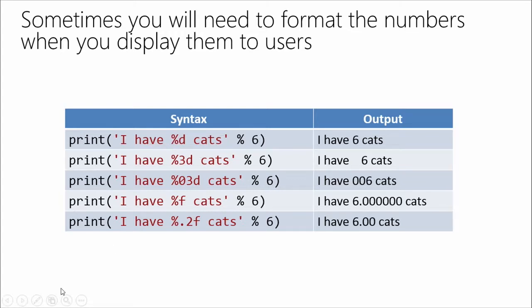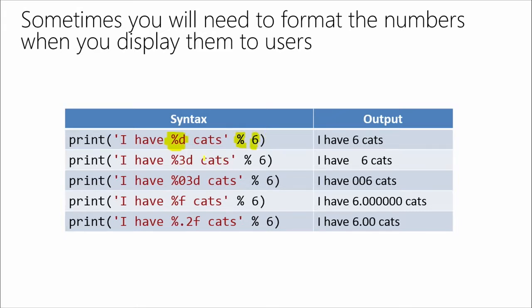So if I specify that I have %d cats, for example, a little %d symbol, I'm basically telling Python that where you see the %d, that's going to be a decimal number. The d is actually short for decimal. And then after I specify the string, I specify a % sign, and then I specify the value to replace.